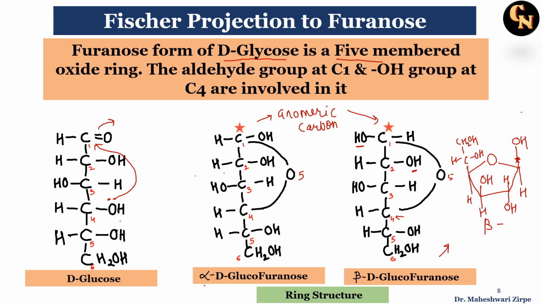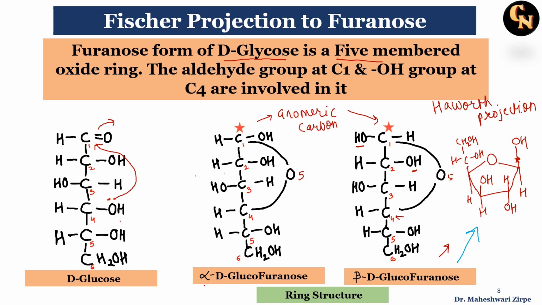So this way we can draw the Haworth projection or structure of the closed ring structure. So this is going to indicate your beta glucopyranose.